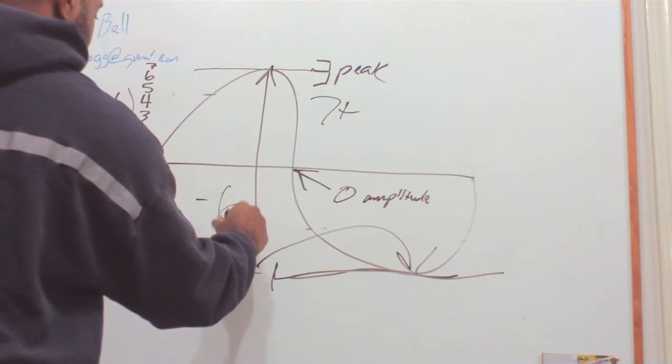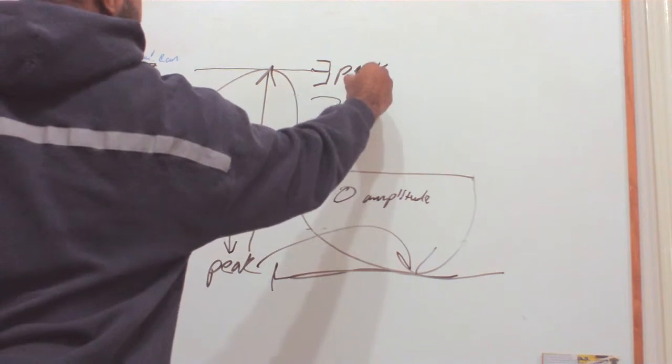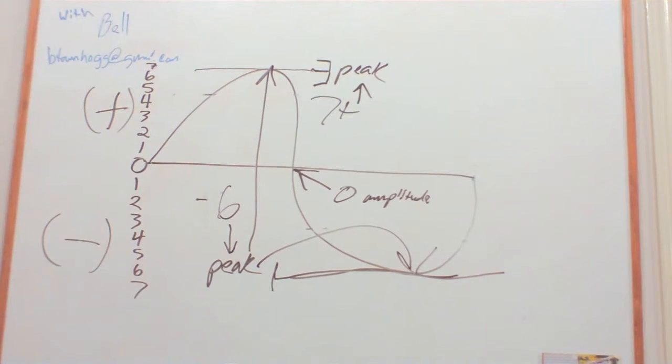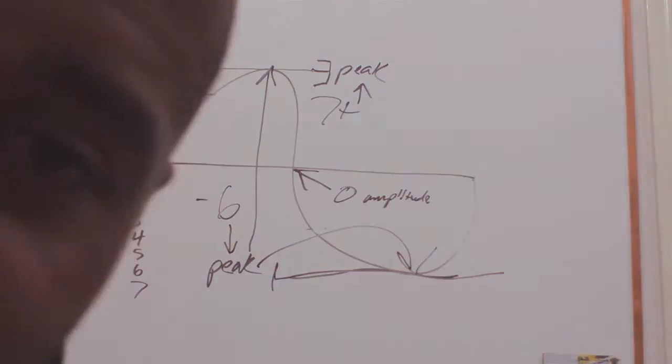Down this way. I don't know if you can see that, but that's 7 decibels peaking, and negative 6 decibels peaking down. So that's pretty much what the amplitude of a waveform is representing. Let's go on to our next segment.